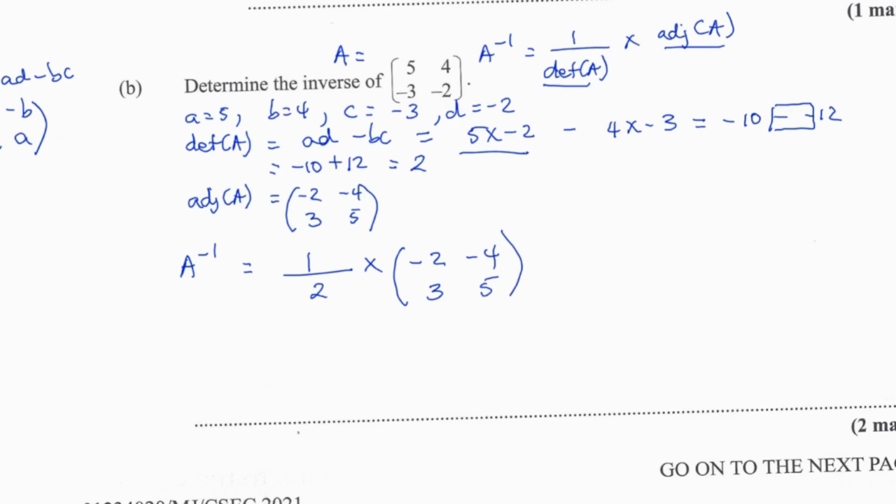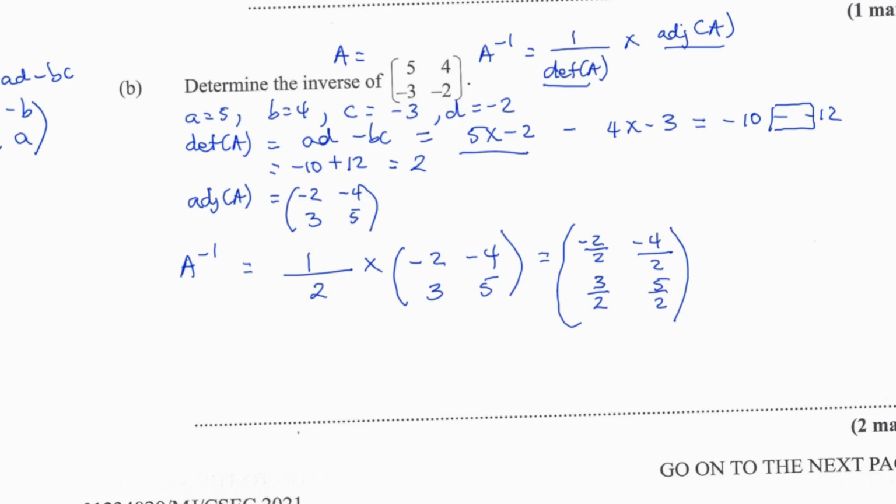So how do we do that? Well, it's a half multiplied by all of the elements within this matrix. So that's all we do, is apply a half to each one. So we have minus 2 over 2, minus 4 over 2, 3 over 2, 5 over 2, right?